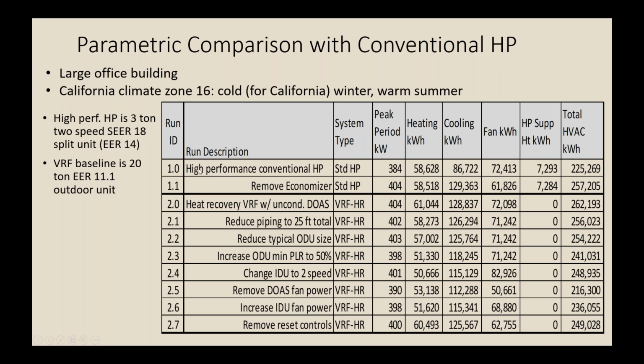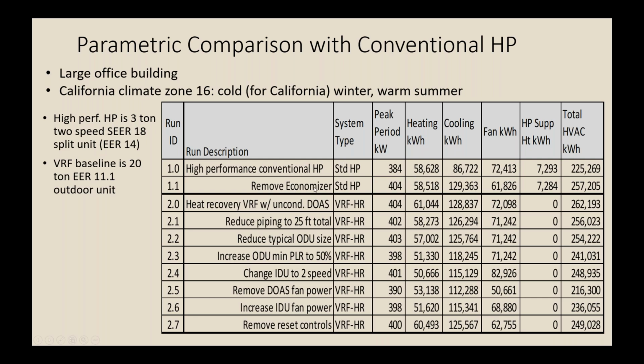It's a large office building in a cold climate in California, a mountainous climate, so it has a significant winter and significant summer. It has a 3-ton, 2-speed, relatively high efficiency air source heat pump. The base case has an economizer, so it actually has relatively lower cooling.